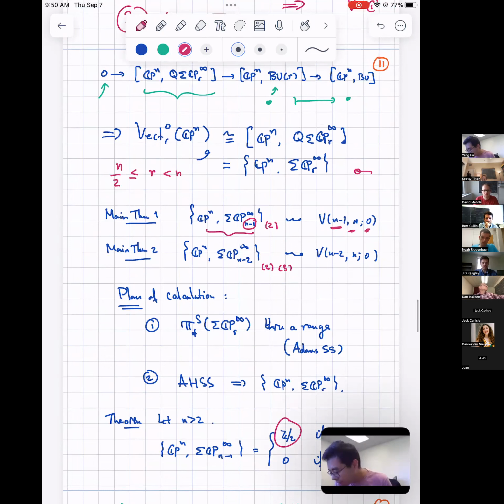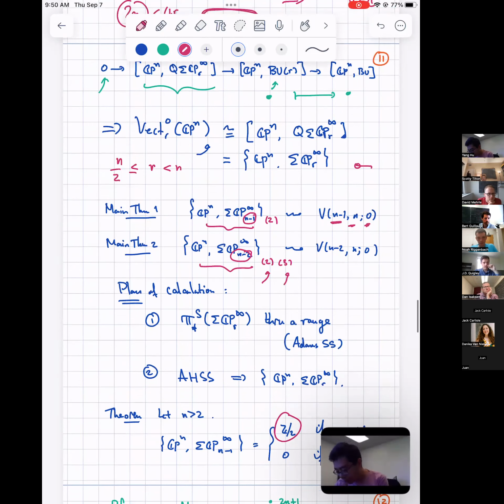And in the second unstable case, we take R to be n-2 and make this calculation. Here, there are two primes that can contribute. So we have a prime 2 calculation and a prime 3 calculation. We combine them, we get this integral calculation. So primes larger than 5 are not going to contribute to this calculation.